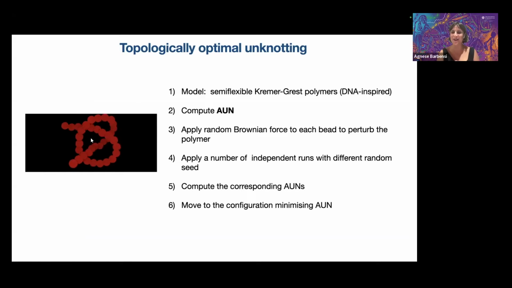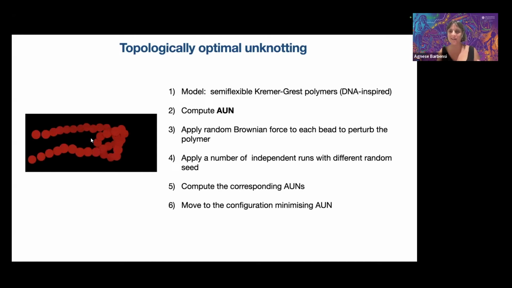As you can see, or at least as I hope you agree, it looks quite neat. The unknotting seems very fast, and there doesn't seem to be any unnecessary movement. All the movement seems to be optimized towards undoing the knot, towards undoing the entanglement.